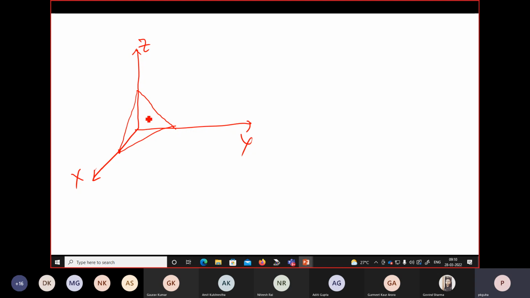So this is my crystalline plane. How do we find the Miller indices? These are the intercepts with the axes. Miller indices requires a lot of discussion, but I'm just briefly mentioning it to you.